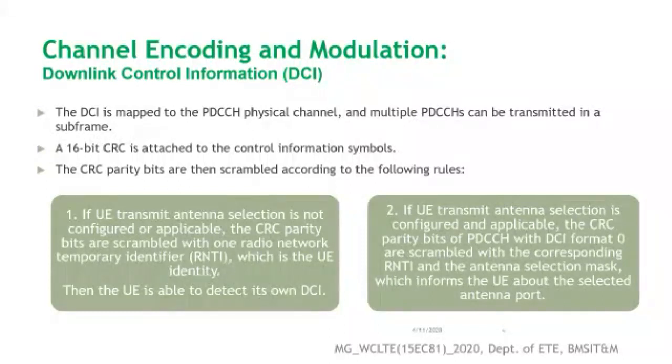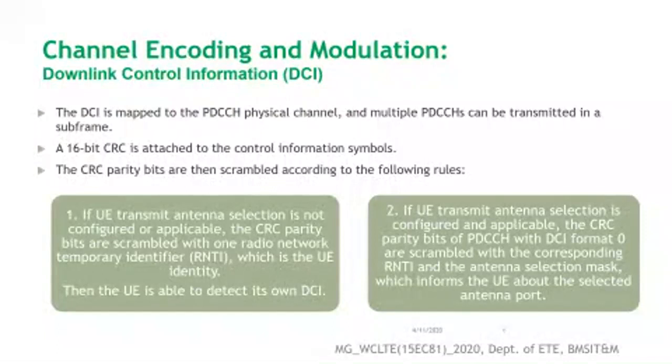Second, if user equipment transmit antenna selection is configured and it is applicable, then the CRC parity bits of the physical downlink control channel with DCI format 0 are scrambled with the corresponding radio network temporary identifier and the antenna selection mask.